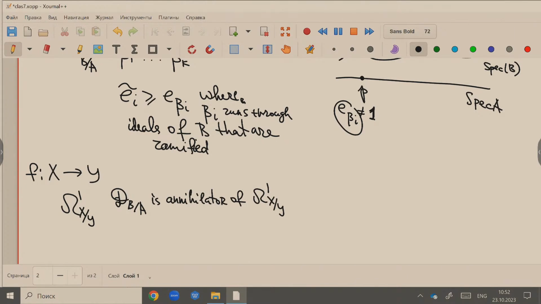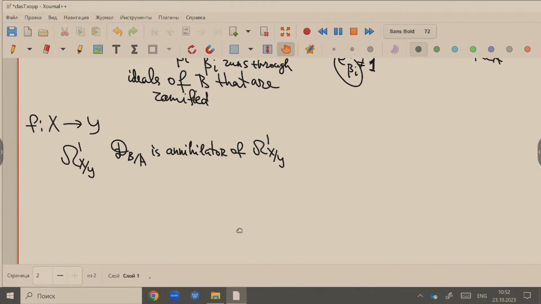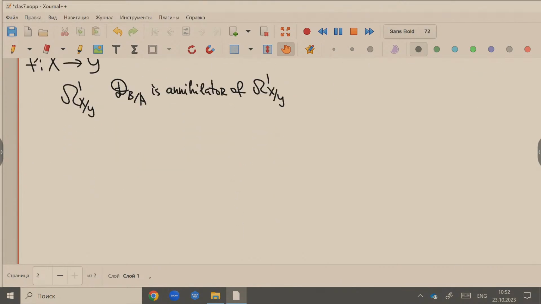Here we shall see this after some calculation. In order to do it, this will be more or less explicit in local coordinates, but I will just do some calculation which is needed here.